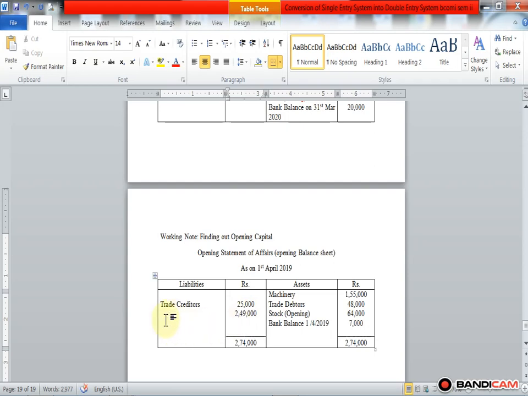Okay, and that difference is called capital, the balancing figure.